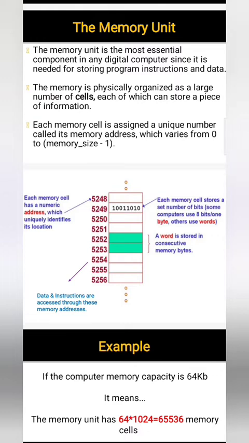So each memory cell has a numeric address which uniquely identifies a particular memory cell. Also, each memory cell stores some number of bits or some number of bytes. It depends on the computer hardware. Data and instructions are usually accessed through these memory addresses.